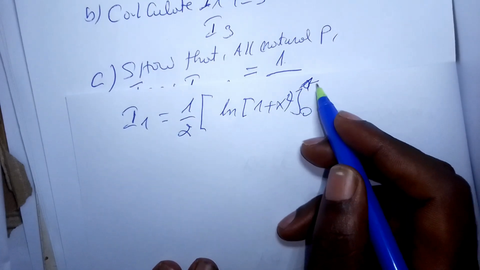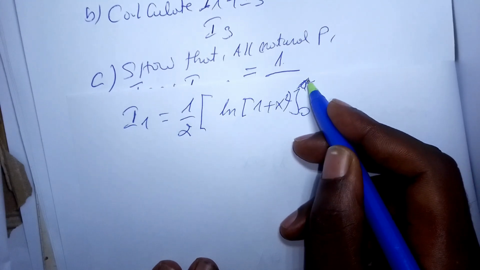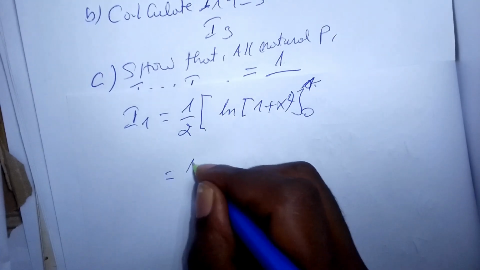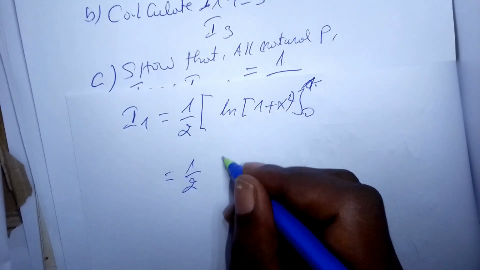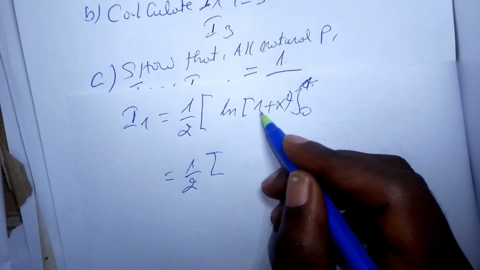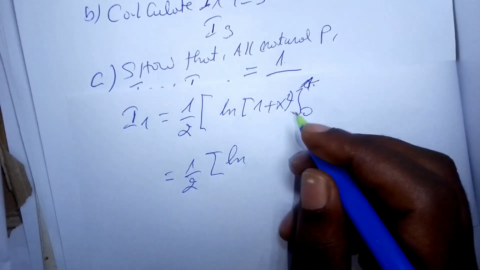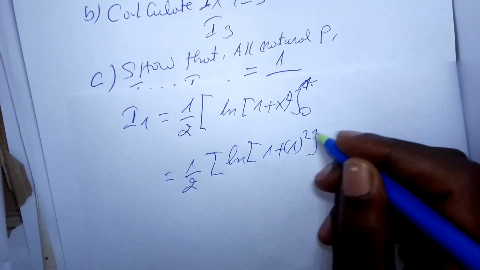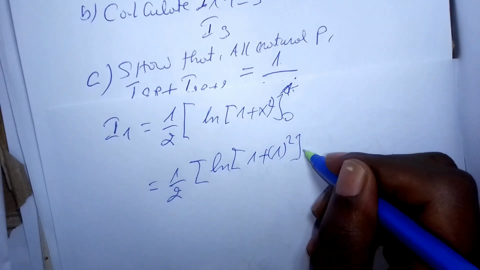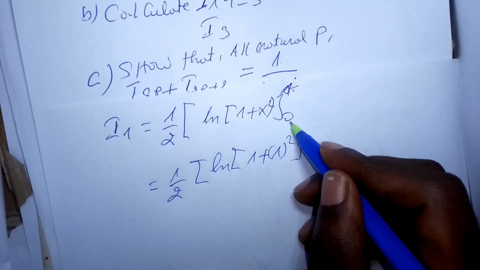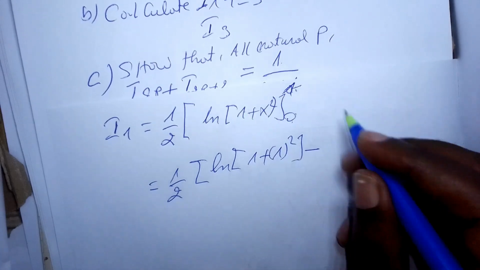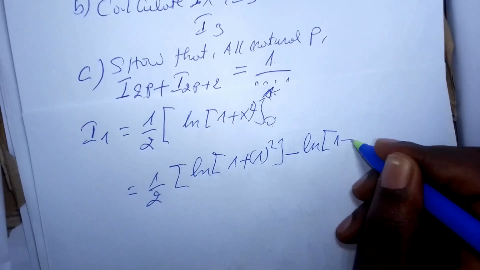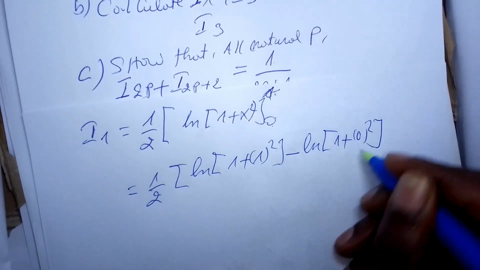Plugging these bounds in, we have 1 over 2 times ln of 1 plus 1 squared, minus ln of 1 plus 0 squared.